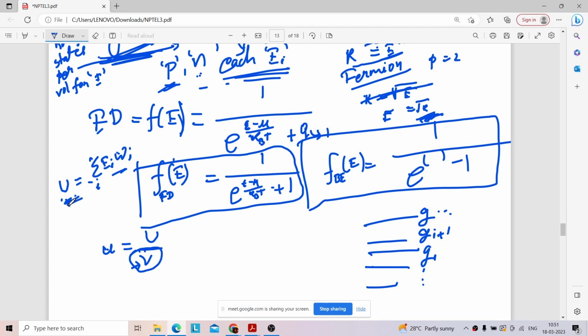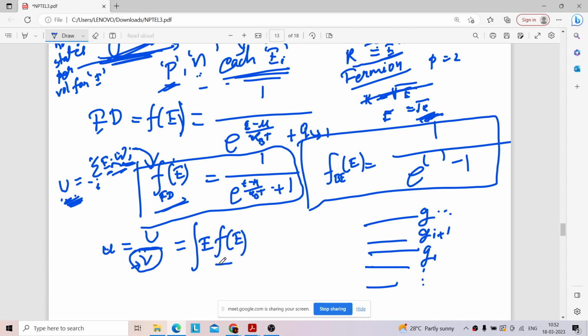We calculate the total internal energy as the number of microstates in each E_i, then we sum them, right? If I have a distribution for that, and this part will be taken care of by the distribution, then I have to write the E part with the distribution, let's say this f(E).